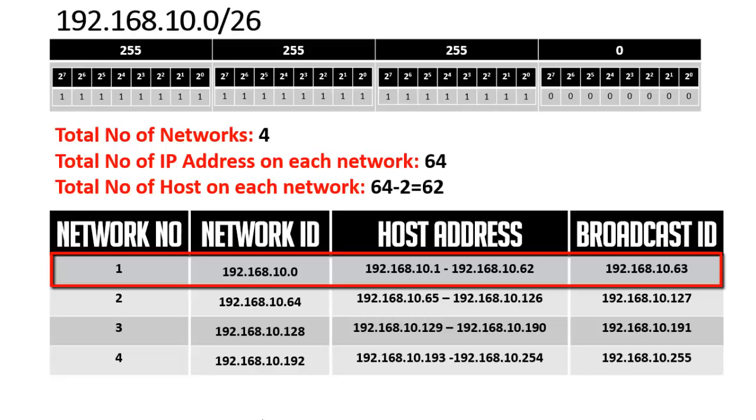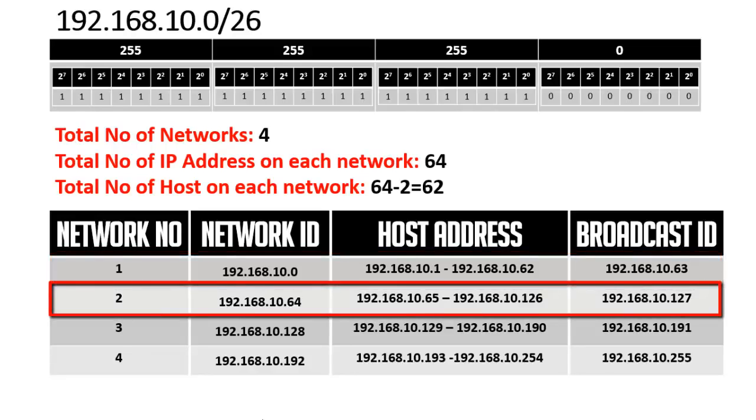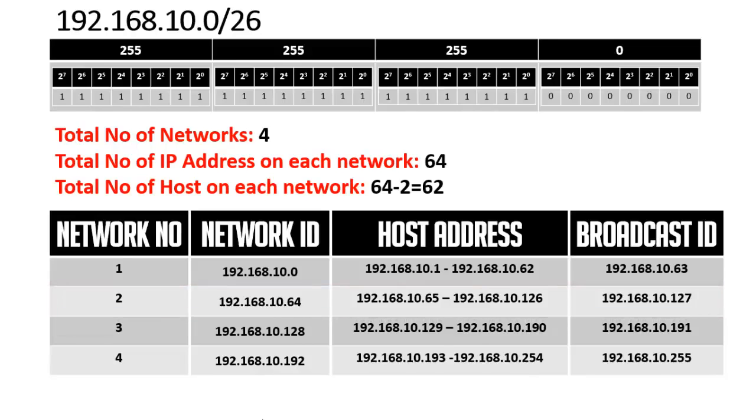Same in network 2, the first IP address is 192.168.10.64, which is also called the network ID, and its hosts start from 192.168.10.65 and end at 192.168.10.126, and its broadcast address will be 192.168.10.127. What is the broadcast address, guys? The broadcast address is the last IP address of each network. Same you can see for the third and the fourth network.